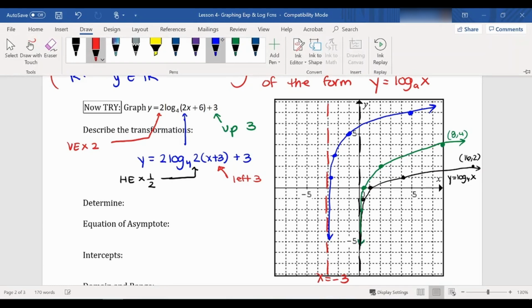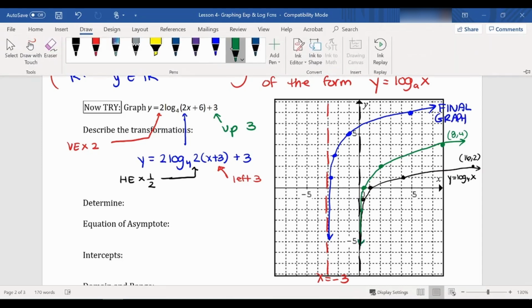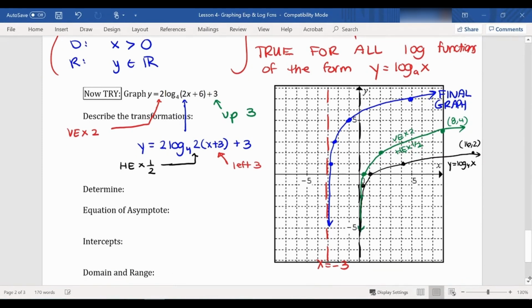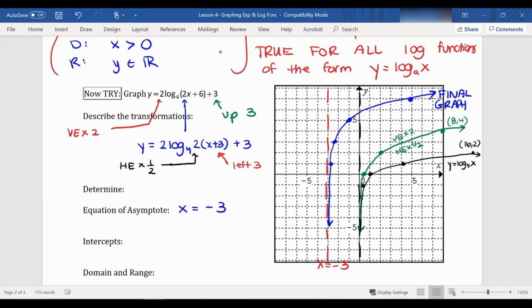Okay, so the blue one is my final graph. The green is after only my expansion compression. So my asymptote is now at x equals -3, and that's because we moved left 3.